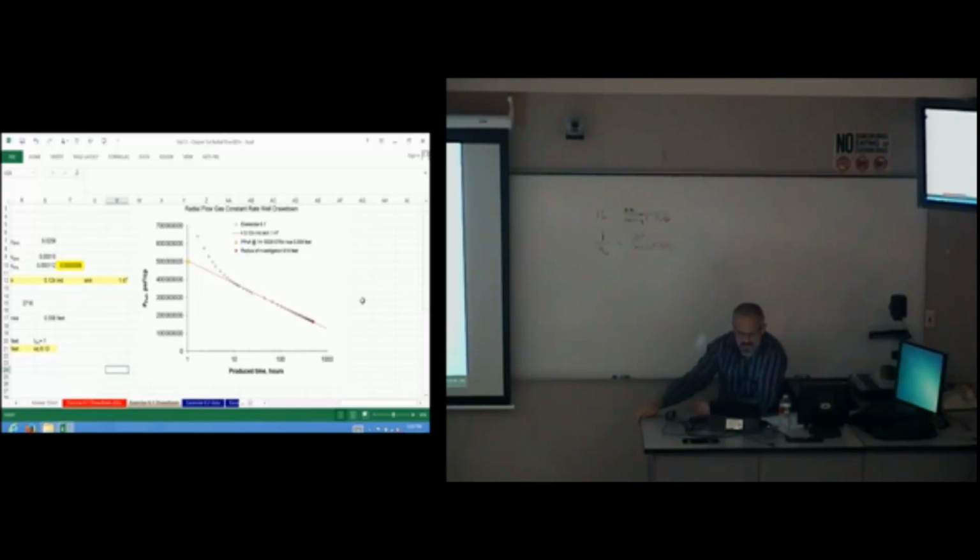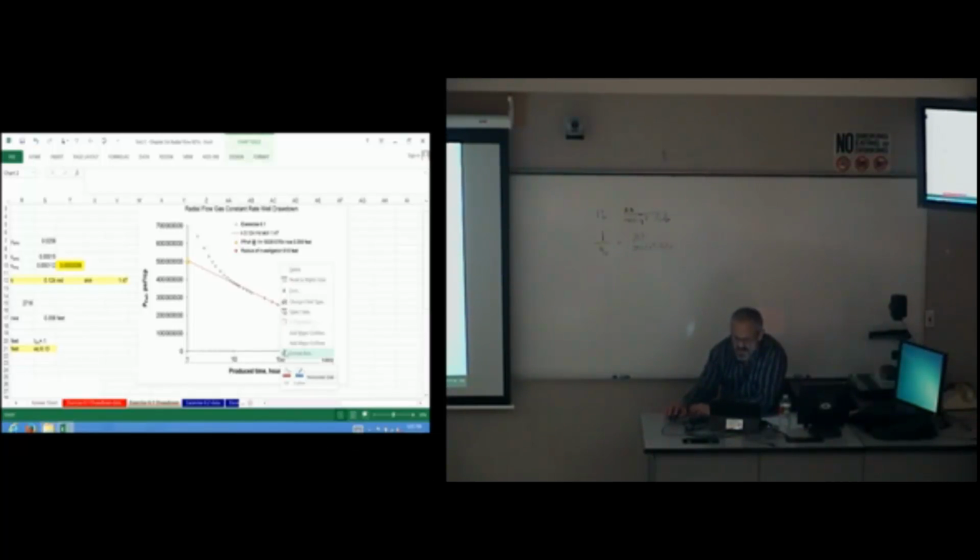And then the red and yellow triangle on the left of the graph is the pseudo-pressure at 1 hour. And it looks like it's the y-intercept, and that's only because our time scale starts with 1 hour.